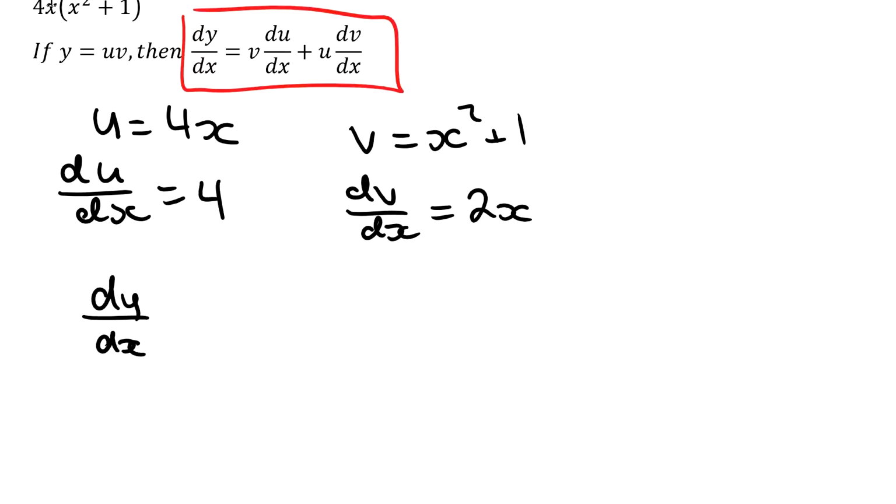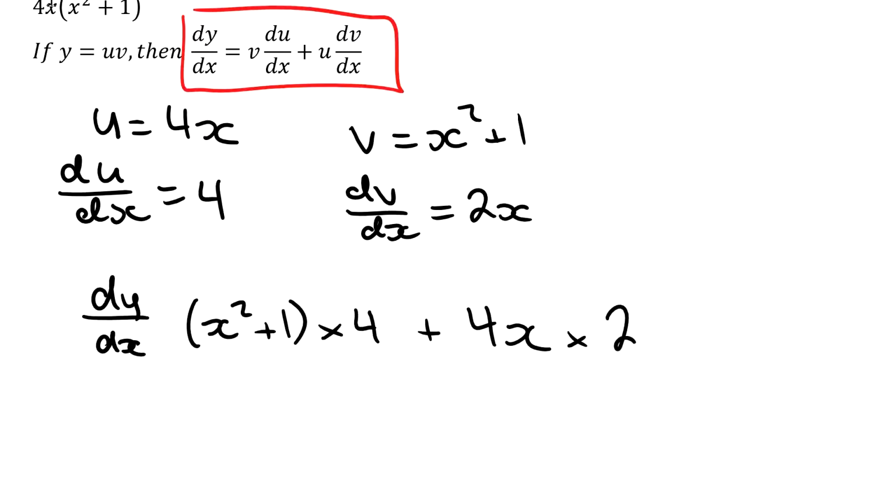Our v was x squared plus 1. I like to have it in brackets just so I'm separating out its parts. And we're multiplying that by 4. Then we have our 4x multiplied by dv over dx, which is 2x.